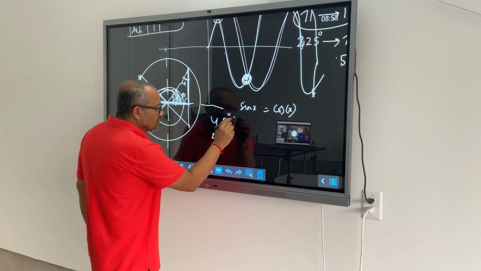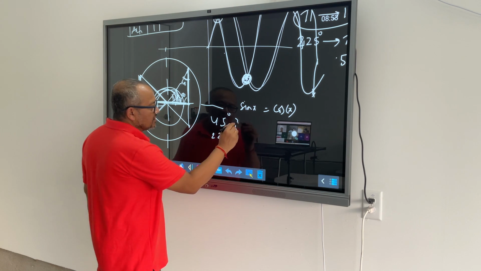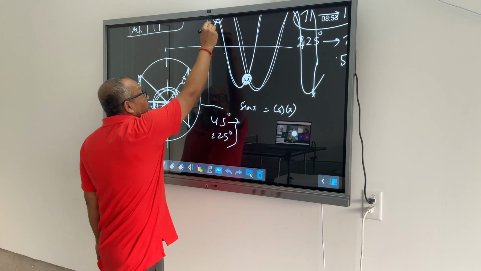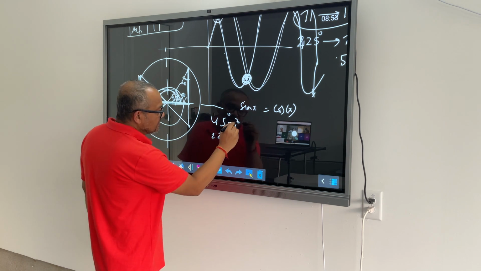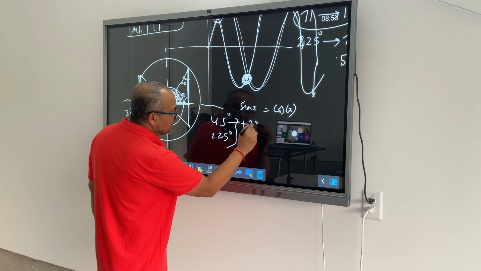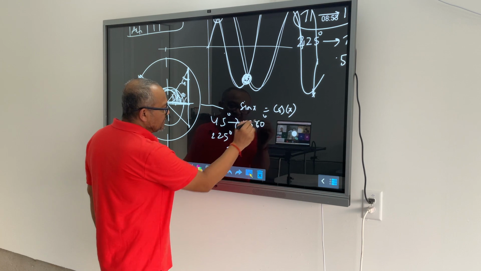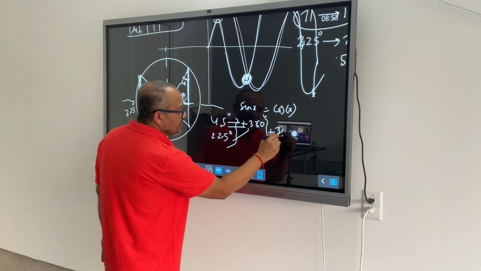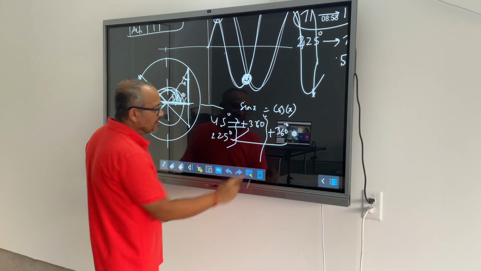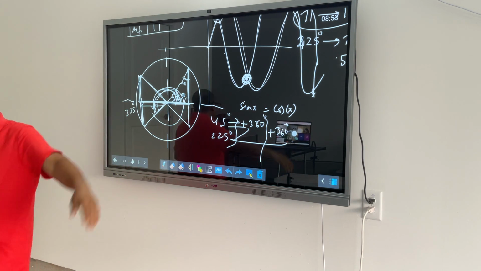So this combination will match. This is where they are matching. And you will keep on adding 360 degrees to it. 360 degrees, so these two match. Another 360 degrees, you are landing in the same place, again will match. So you keep adding 360 degrees.